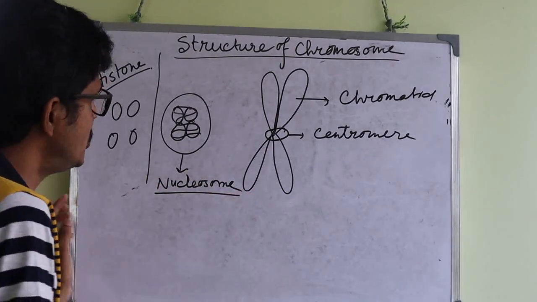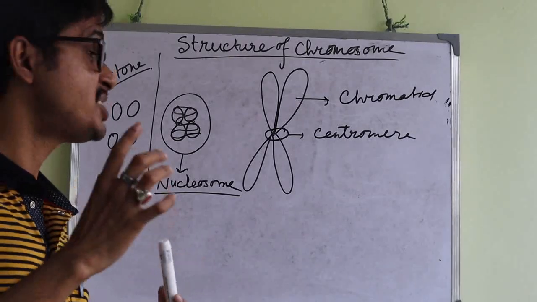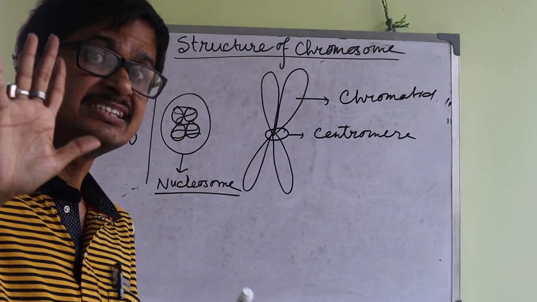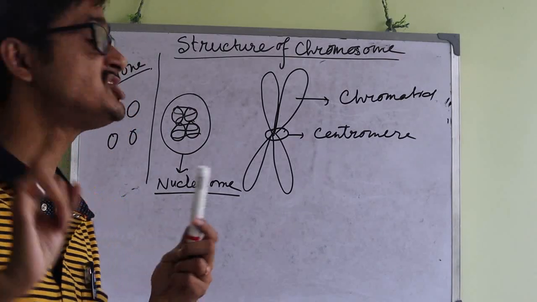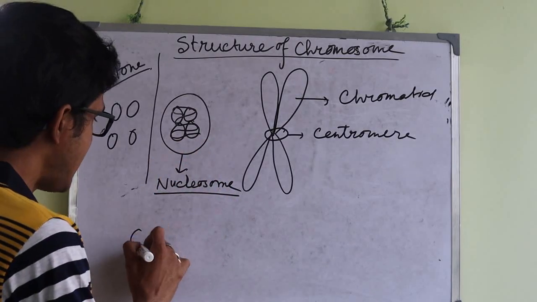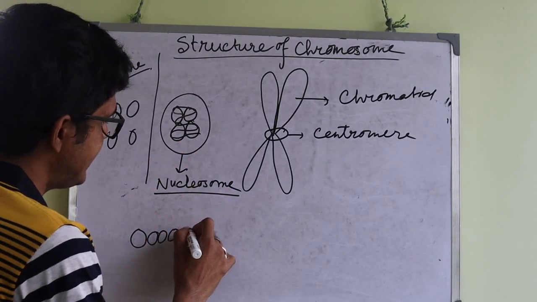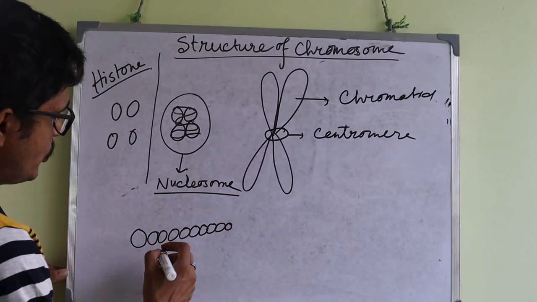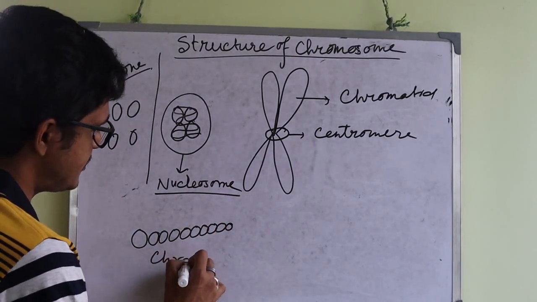So what is a nucleosome? A nucleosome is the structure where the DNA along with 8 histone proteins is combined. These nucleosomes combine with each other making a chain-like structure, and they are known as chromatin fiber.